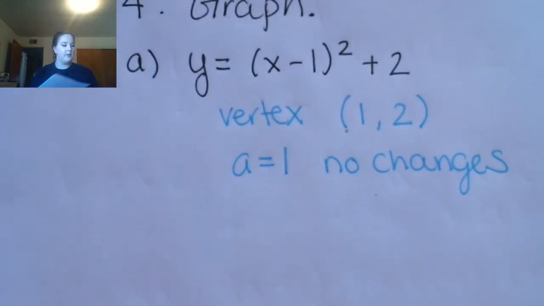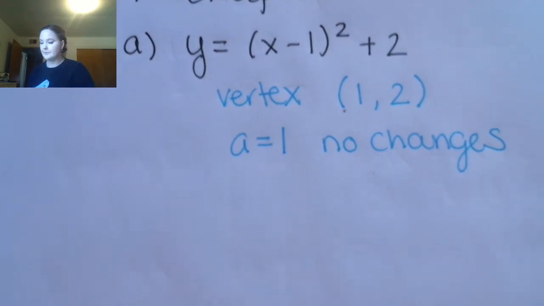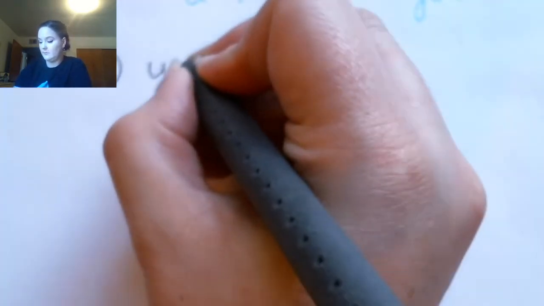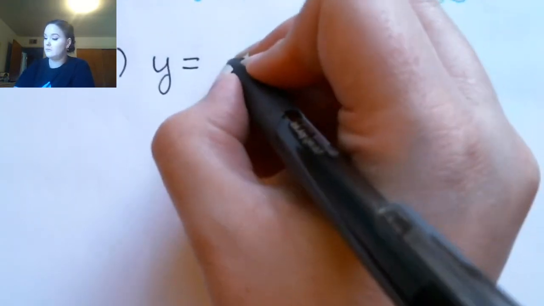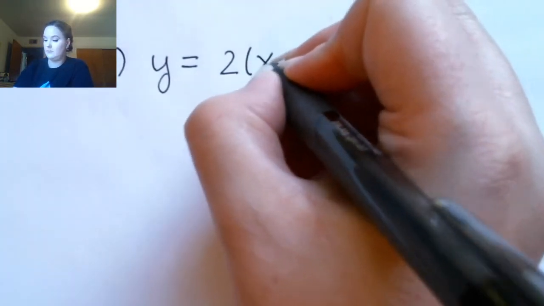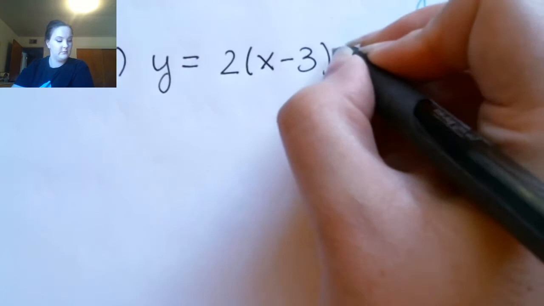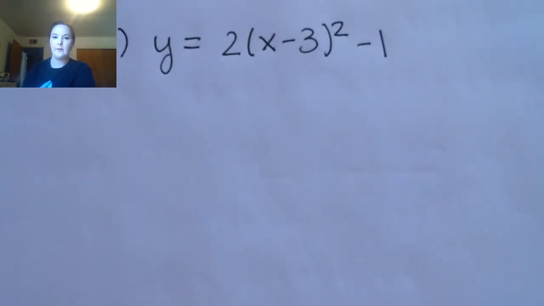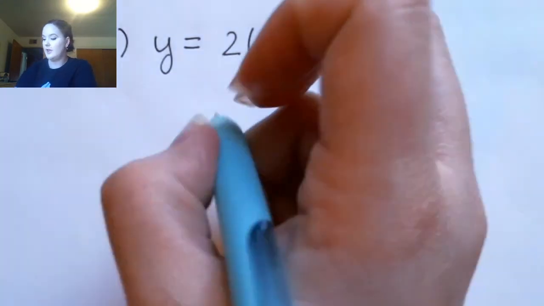All right. Let's look at another example. So the first thing I'm going to do again is say what the vertex is.